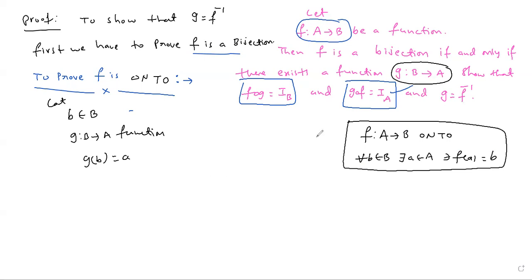Now let's apply the second one. What is the second? F circle G is IB. Now apply F on both sides. F of G of b is F circle G of b, which is equal to F of a.